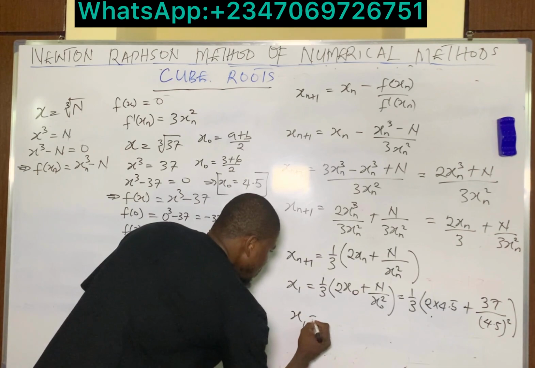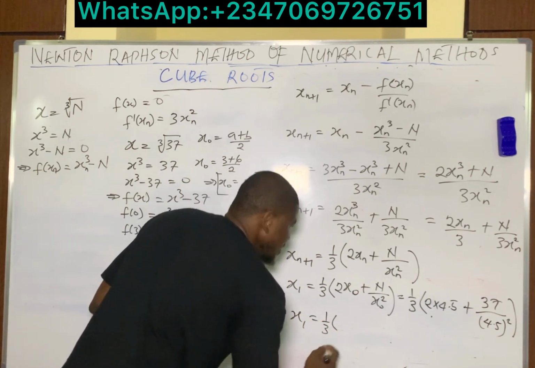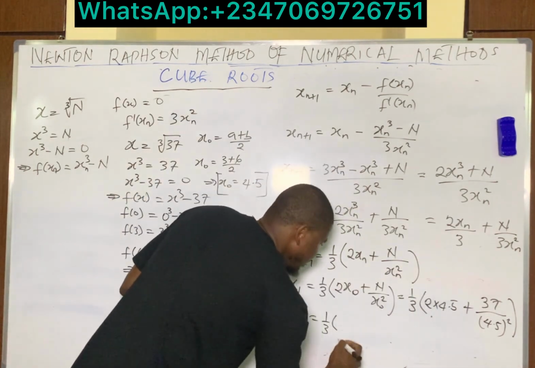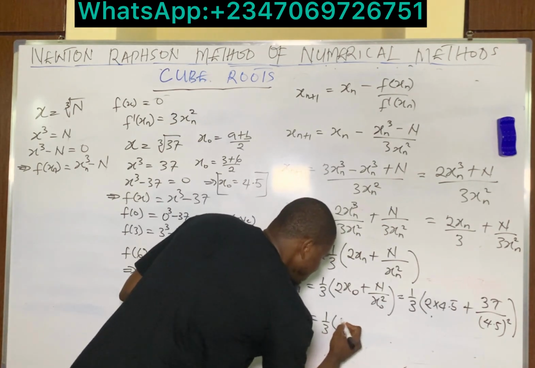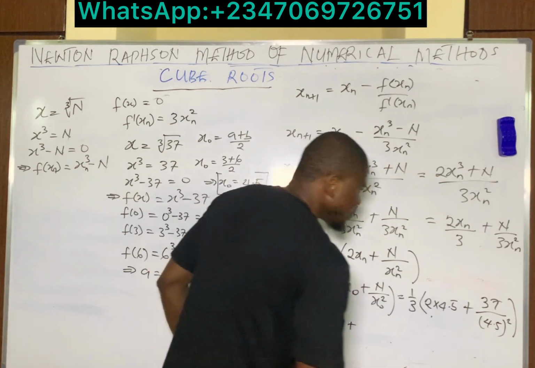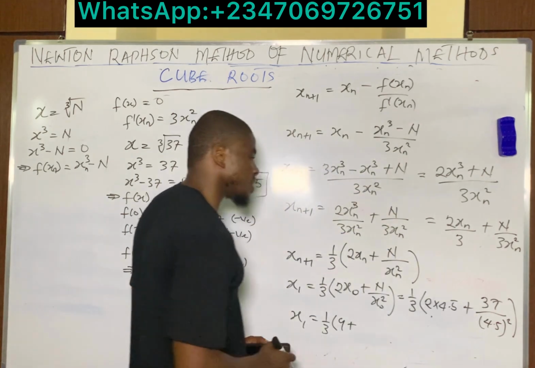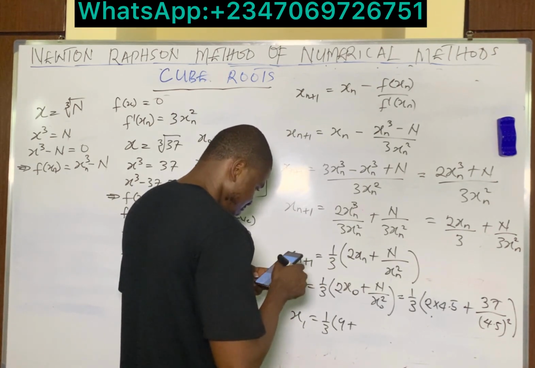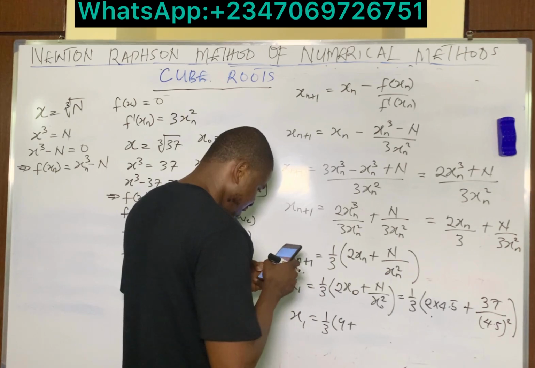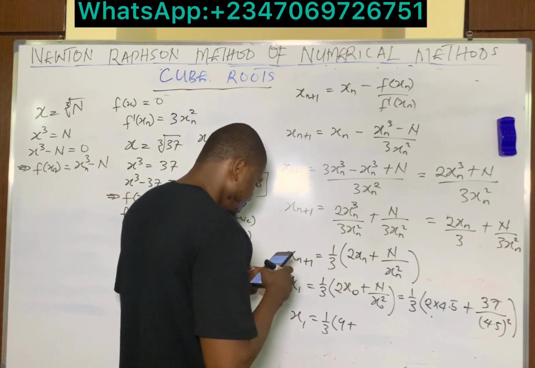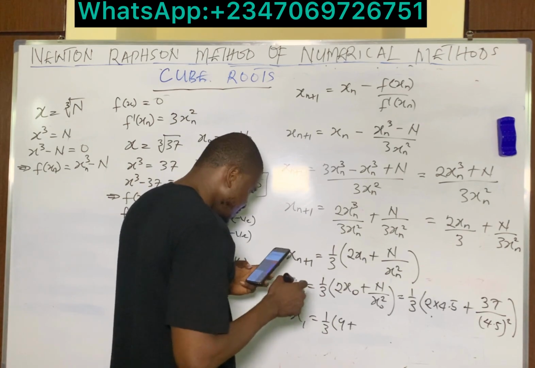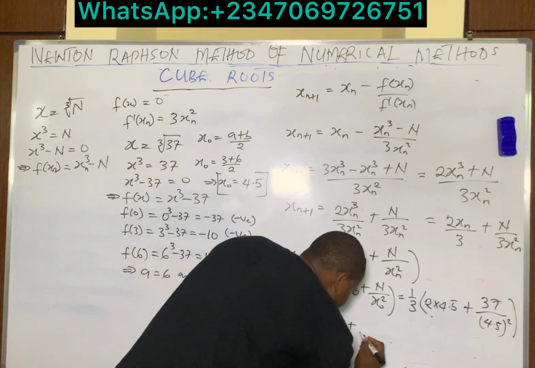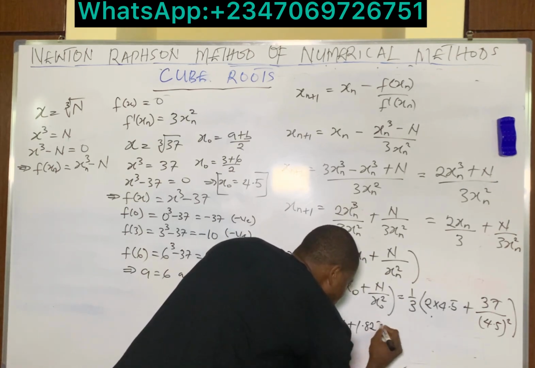Our first root x1 equals 1 all over 3 into, let's evaluate everything inside the bracket. Okay, 2 times 4.5 is 9, plus, let's now evaluate 37 divided by 4.5 squared. So 4.5 squared is 20.25. 37 divided by 20.25 simply gives us approximately 1.8272.